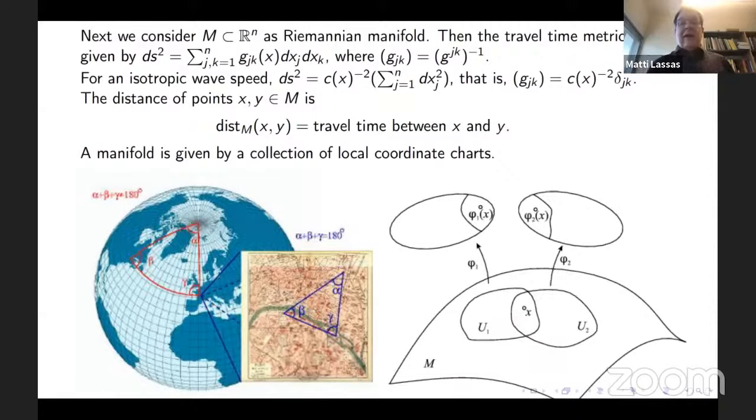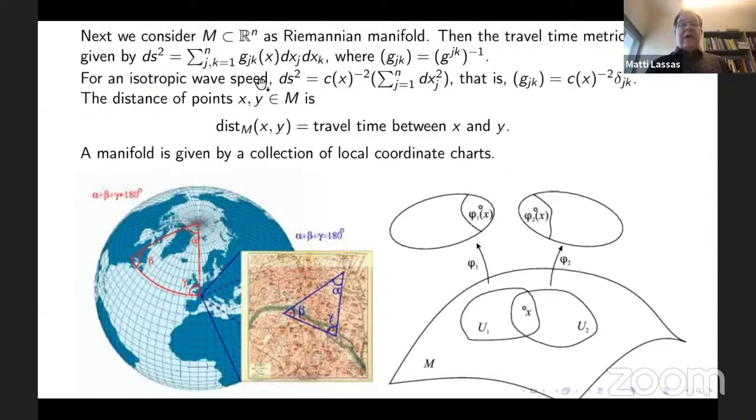So the travel time is considered as a metric. This metric has a length element ds that is given by this tensor, this matrix G. I use the convention typical in differential geometry that lower indices denote the inverse of the matrix with upper indices.